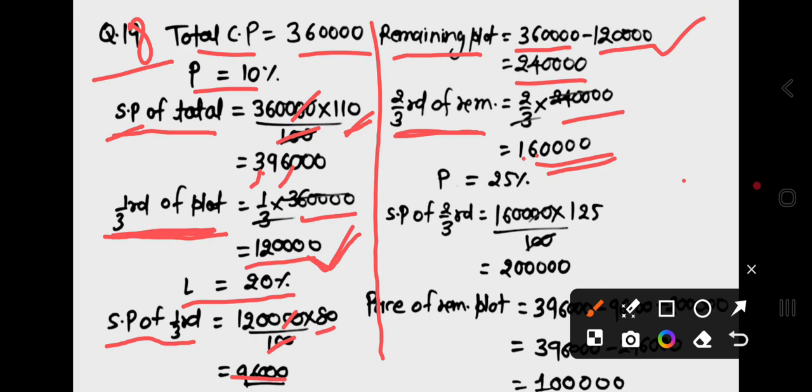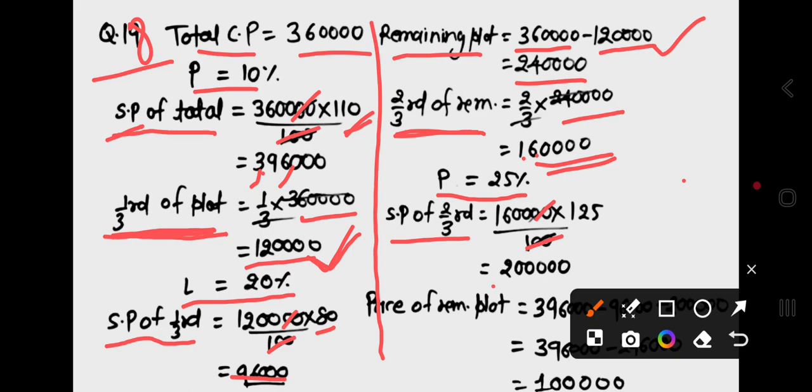2/3 of plot at a profit of 25%. He sells 2/3 of the plot left at a profit of 25%. It is given in the question. So SP of 2/3 of the plot will be 1,60,000 into 100 plus profit, 100 plus 25, 125 upon 100. 00 will be cancelled.